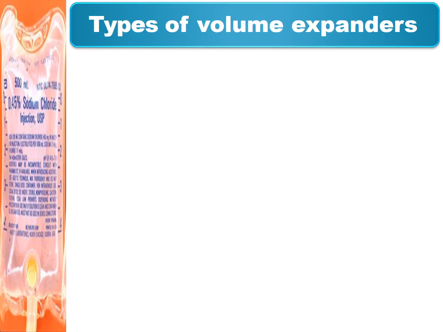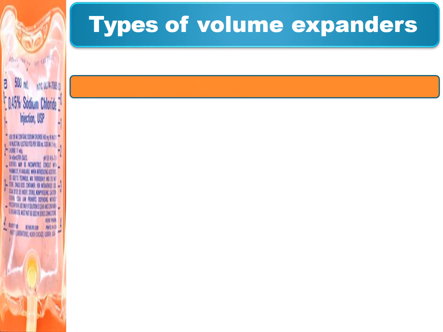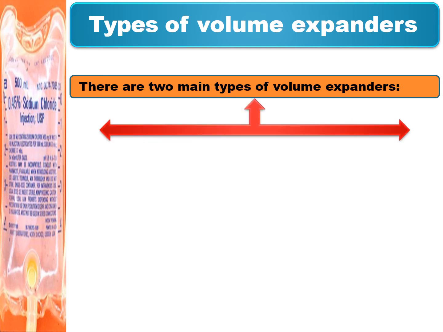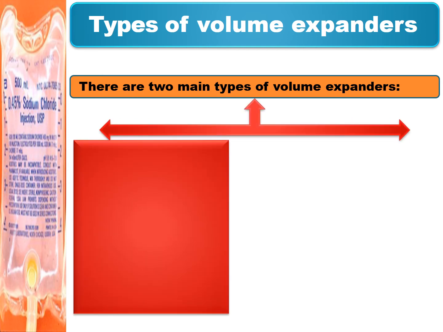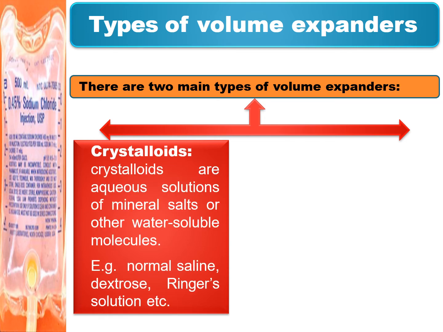Then let us discuss the types of plasma volume expanders. Mainly, these plasma volume expanders are categorized into two categories. The first category is the crystalloid preparations. As the name suggests, crystalloids. What are the crystalloids?